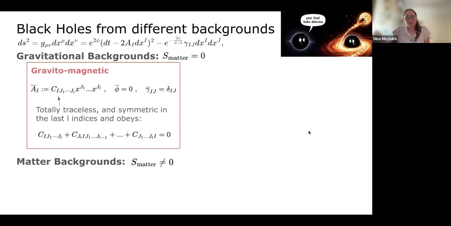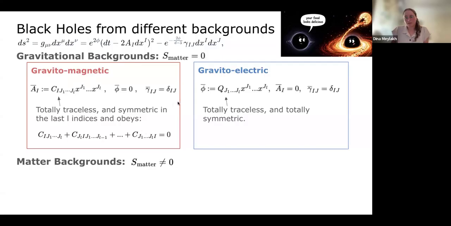For the gravitational backgrounds, we're going to consider the gravitomagnetic field, where only the vector field is turned on, and it has this spherical harmonic resembling function.